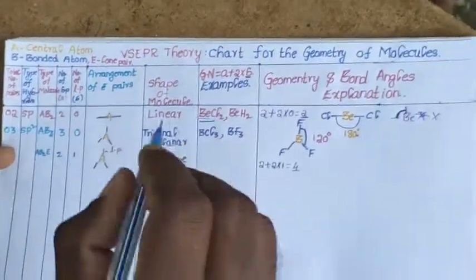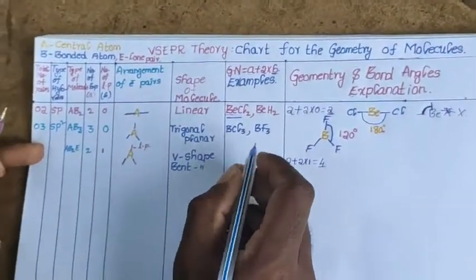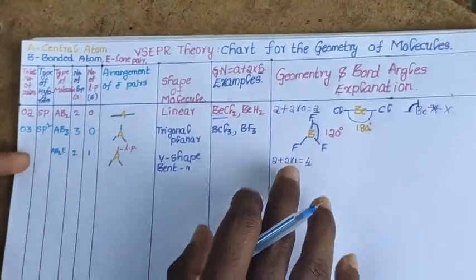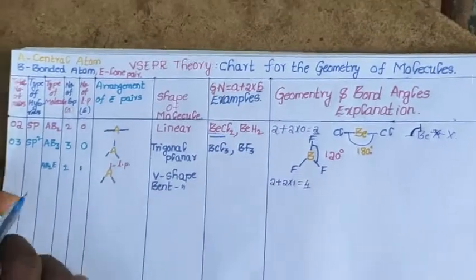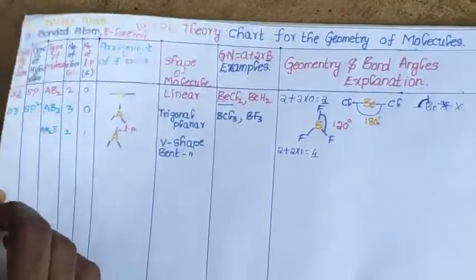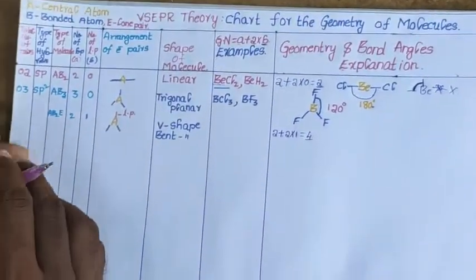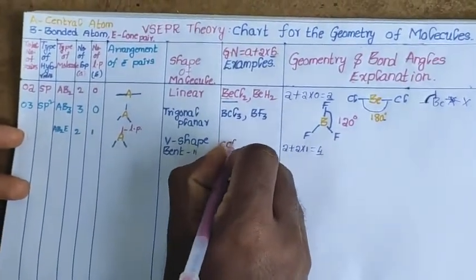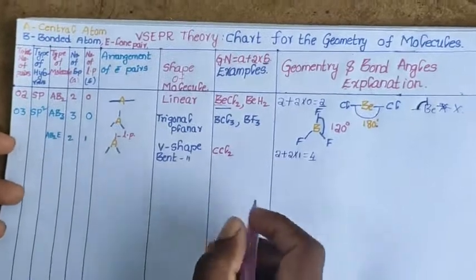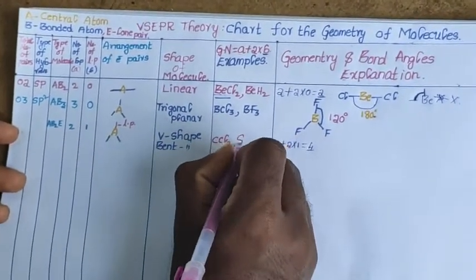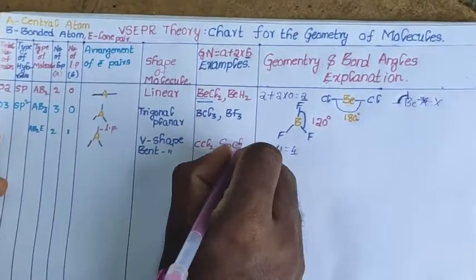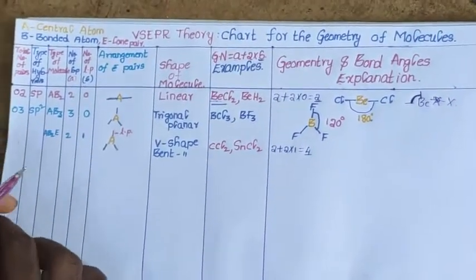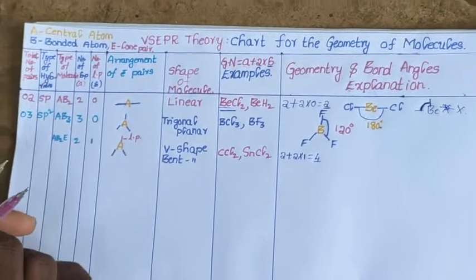So a fourth group element is the central atom for this type of example. Fourth group means carbon. So CCl2 or tin chloride, SnCl2. These are examples of fourth group elements.